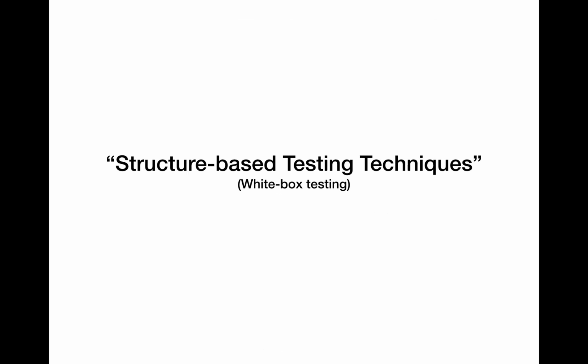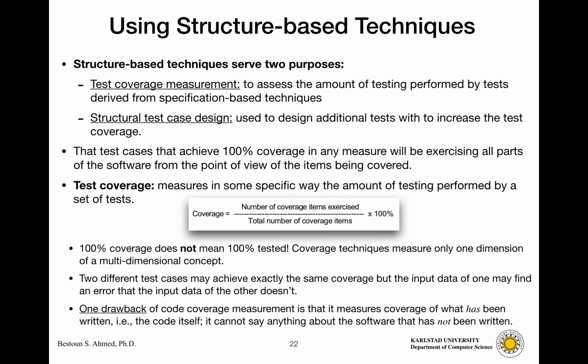Now another kind of testing, we have a testing method, we have test design strategy. Of course, we have the structural based testing techniques. Here you need to have the source code of the software. That's why sometimes the books call it a white box technique.